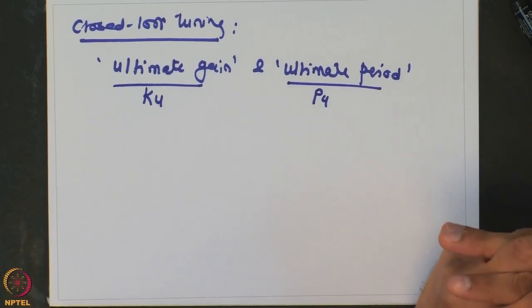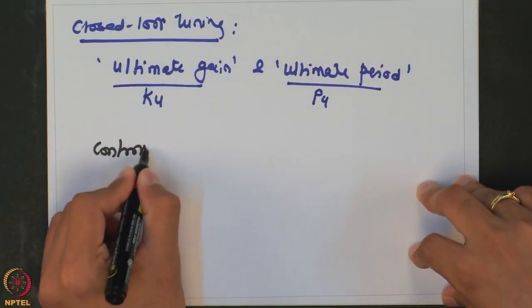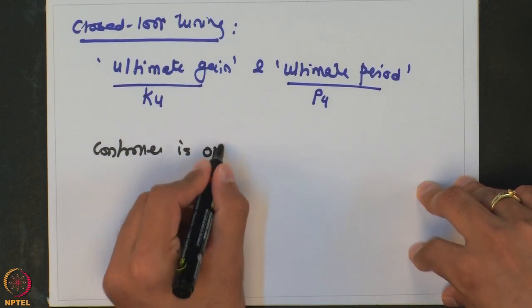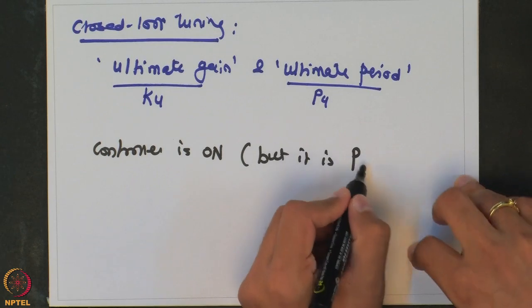So, for this closed loop tuning, what you do is you have the controller on. The only difference is, the controller is on, but it is a proportional controller.